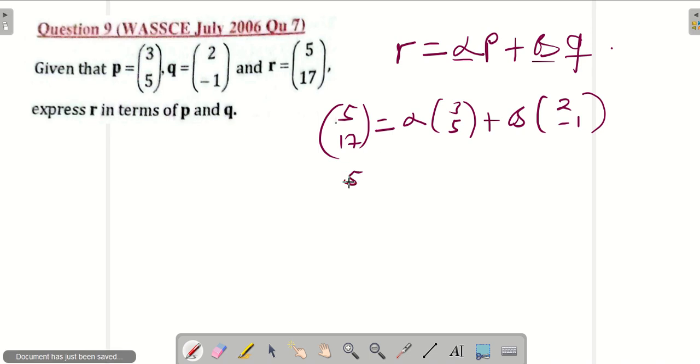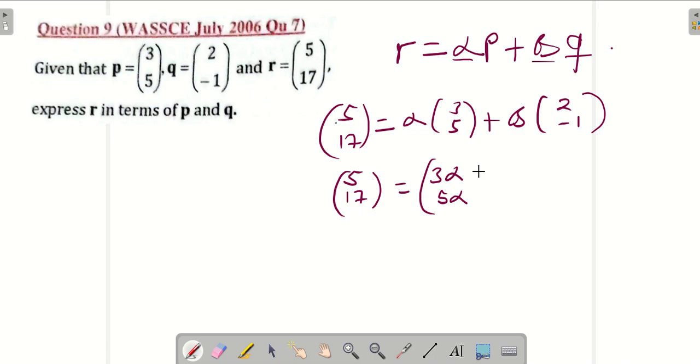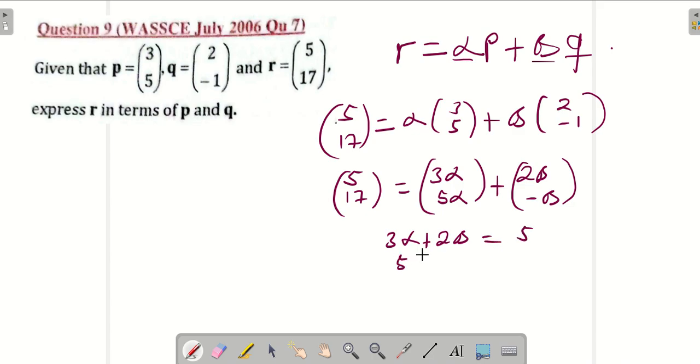So we have (5, 17) should be equal to (3 alpha, 5 alpha) plus (2 beta, negative beta). So here we can say that 3 alpha plus 2 beta should be equal to 5, and 5 alpha minus beta should be equal to 17. Equation 1, equation 2.